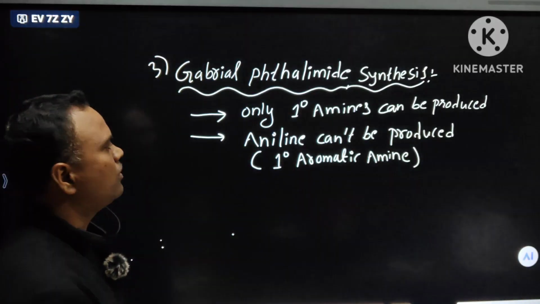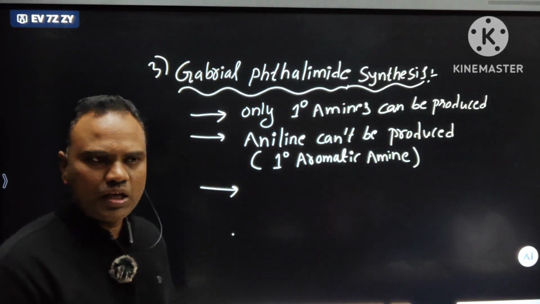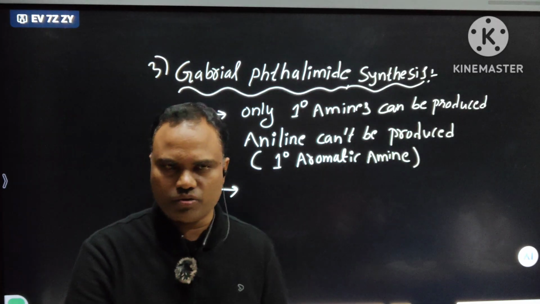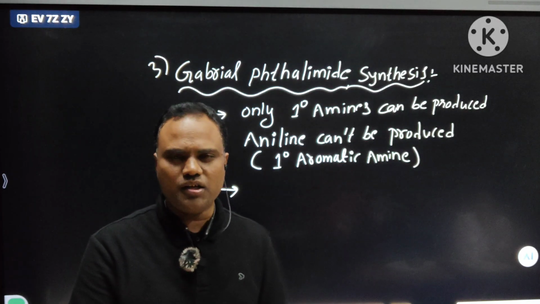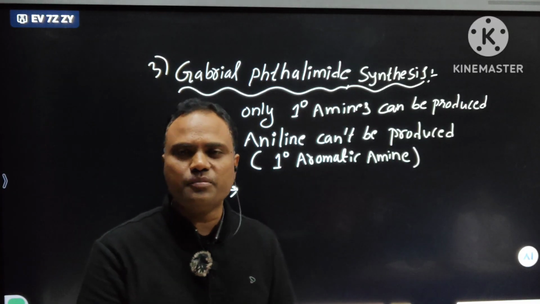In Gabriel phthalimide synthesis, aryl halides do not participate. We take alkyl halide to produce the amine; in place of R, we should not take a benzene ring.